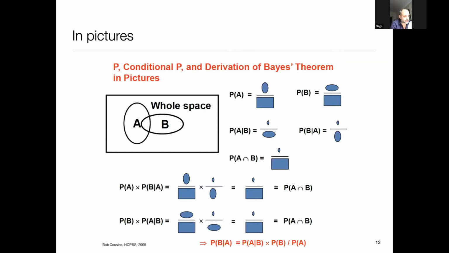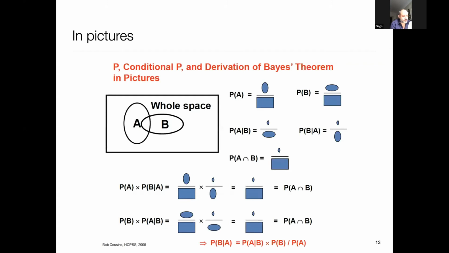So if you try to represent graphically what the different ingredients are, you can have these nice pictures to the right. So if you look at P of A, you have this vertical ellipse over the big rectangle. If you look at P of B given A, that's the area of the horizontal ellipse over the rectangle.